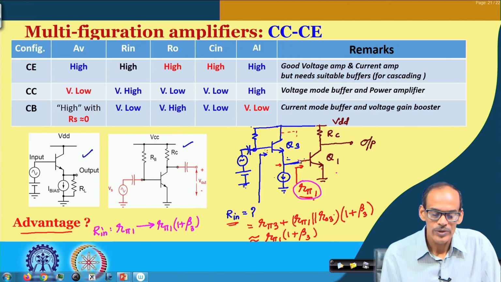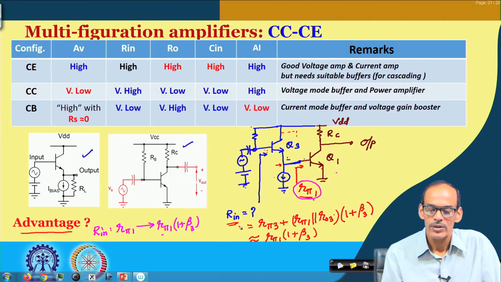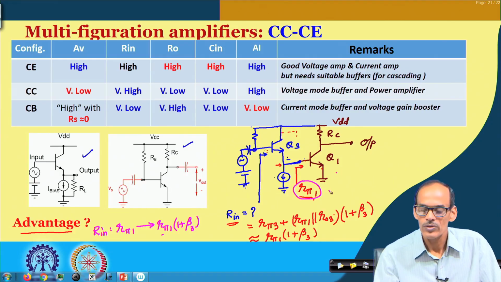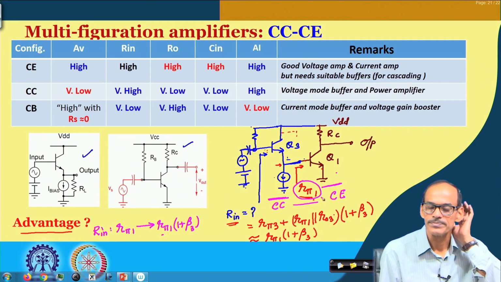For MOS, we know that the gate resistance is very high, so such enhancement is not required for the MOS configuration. But for BJT, since R pi is not very high, we may require the CC stage before the CE stage. So the CE stage input resistance is enhanced by this CC stage. That is the advantage.